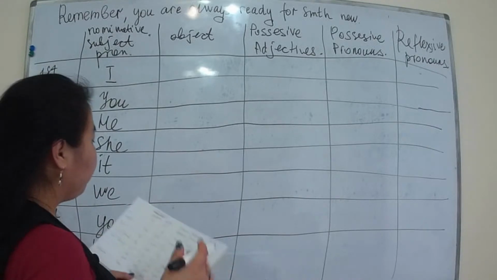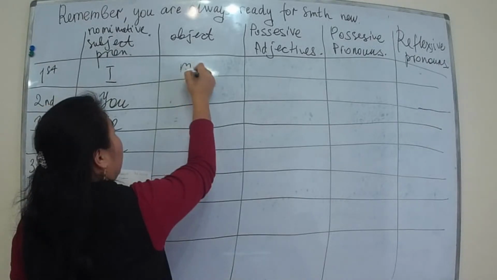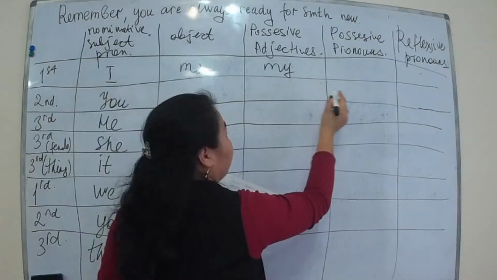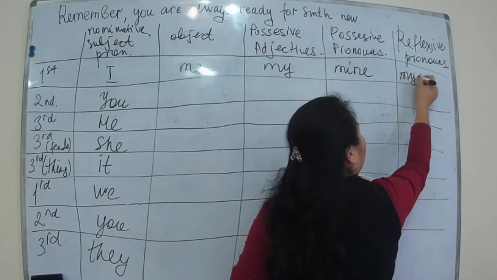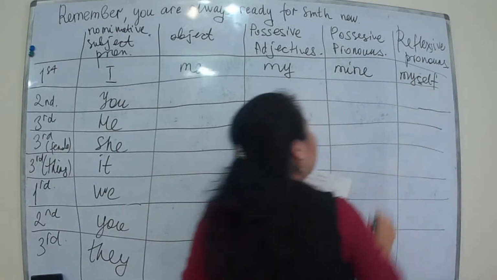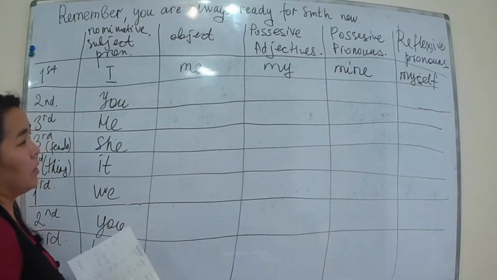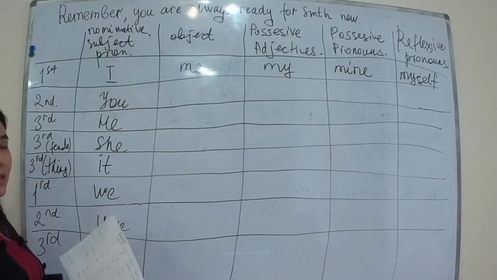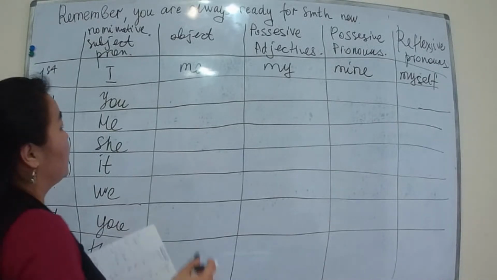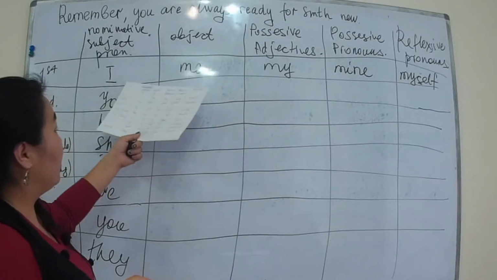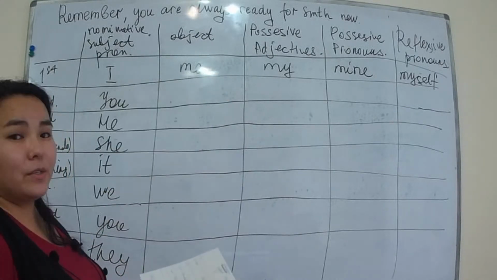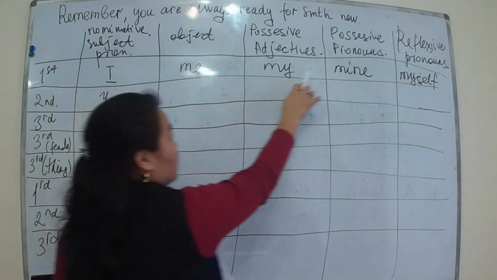Let's write me, my, mine, myself. It will be better if you, after rewriting the changes of the pronouns, complete the sentence for each of these forms.